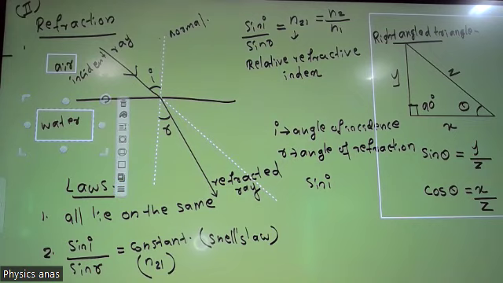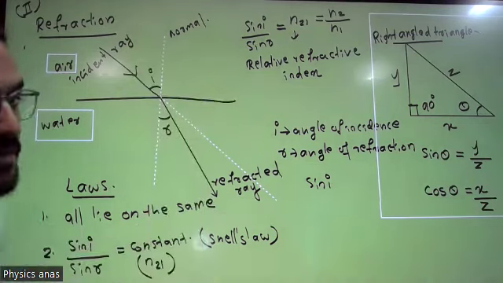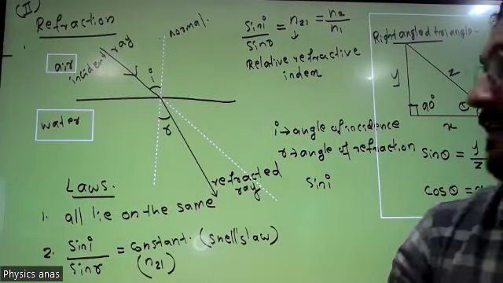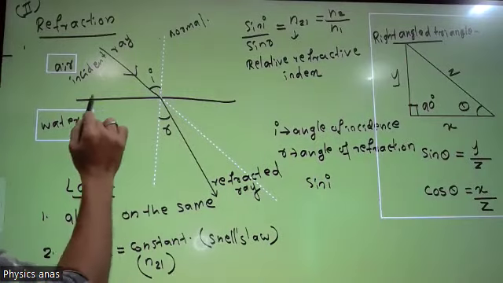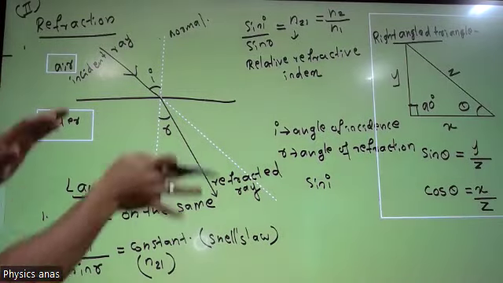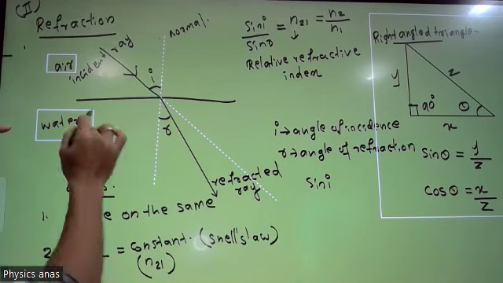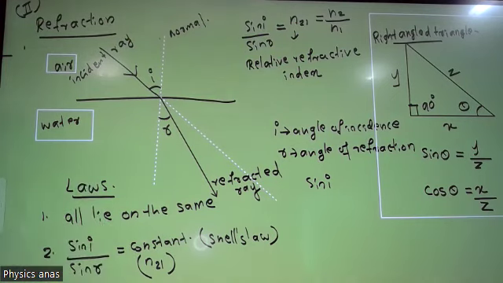Draw the figure. This is the surface of separation. The line is the boundary. You can see there is air above, and water below, and there you can see a boundary. That is the surface of separation or boundary between two media.